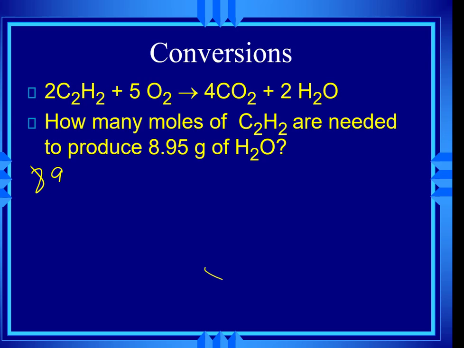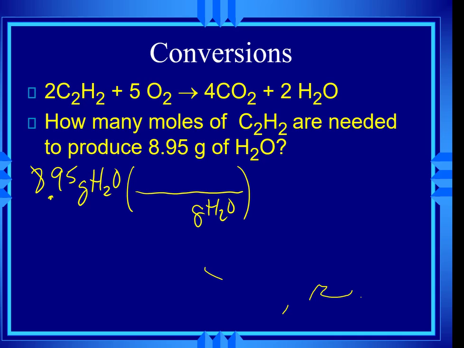So I start off with the 8.95 grams of water. I don't have much choice about what to do here. What can I turn grams into? Can I turn grams of water into moles of C2H2? No, but I can turn grams of water into moles of water. So I'm going to take the grams of water and turn it into moles of water. Just to remind you what the math looks like: I've got two H's and one O. H is 1.01 grams on the periodic table.